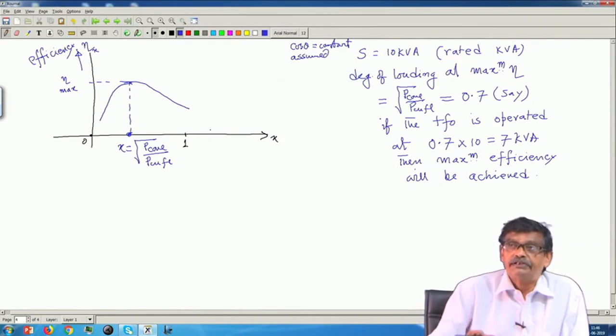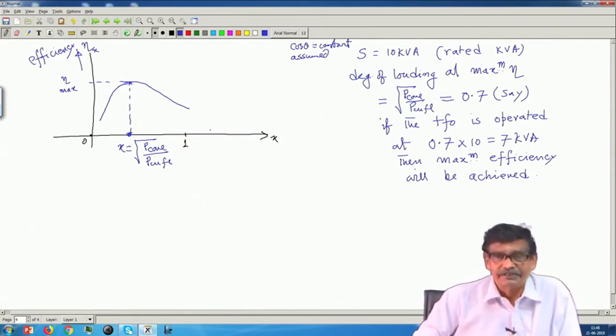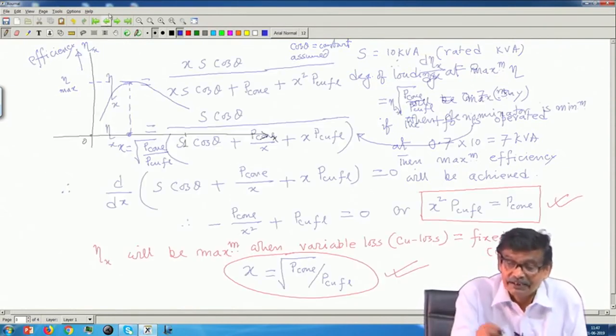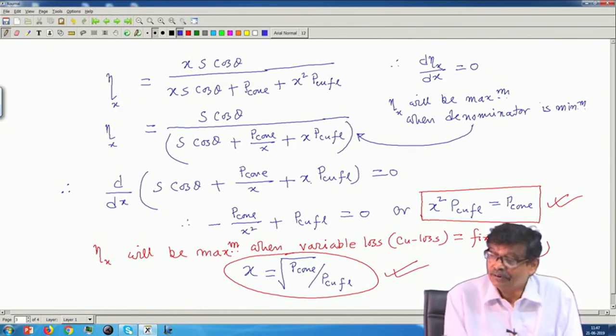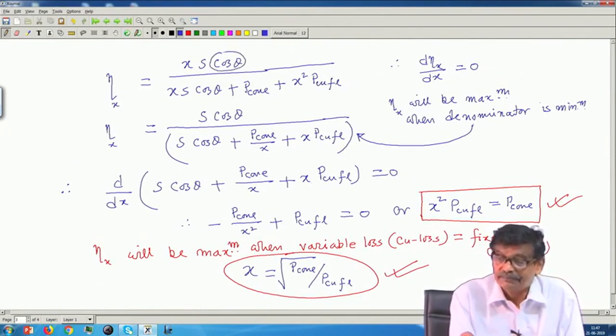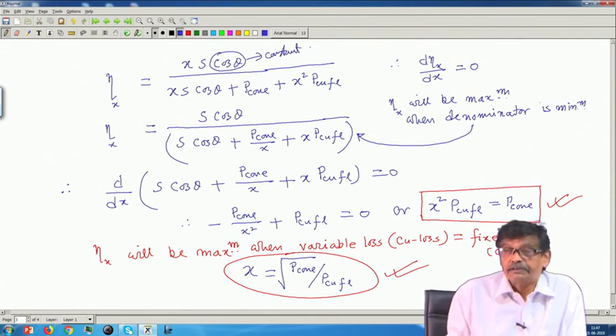That is why, while varying the load, cos theta was kept constant. Recall that cos theta was assumed to be constant in this whole derivation.